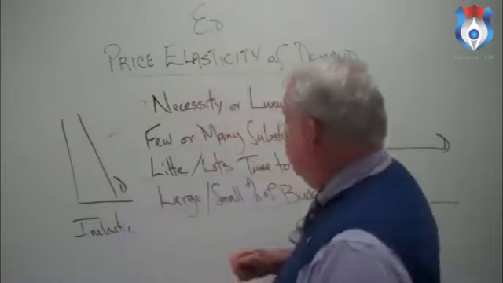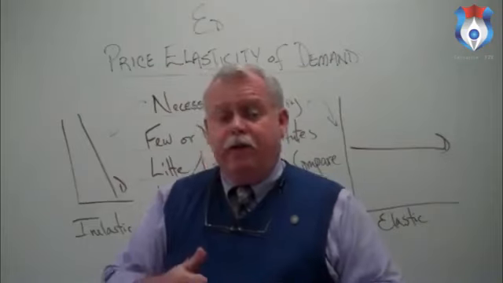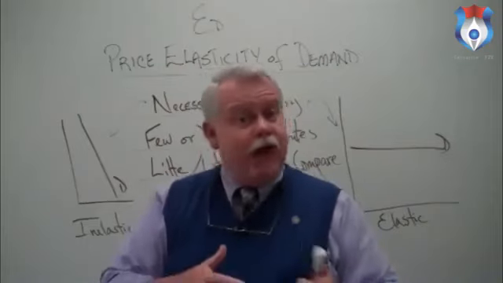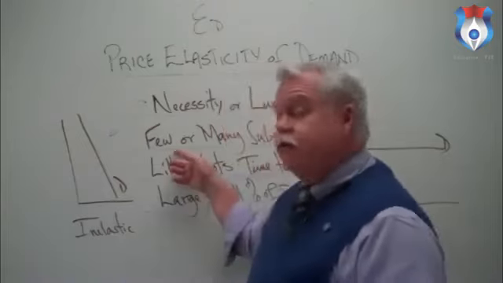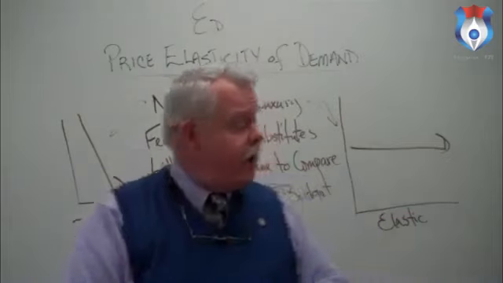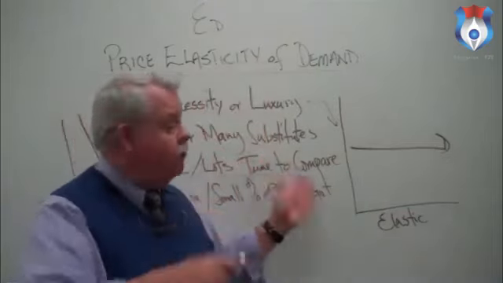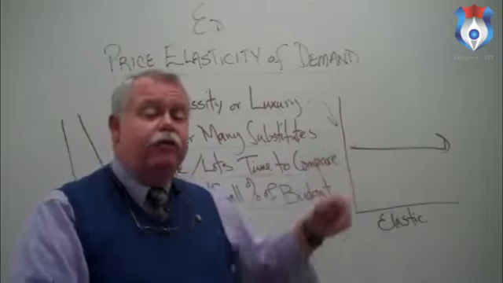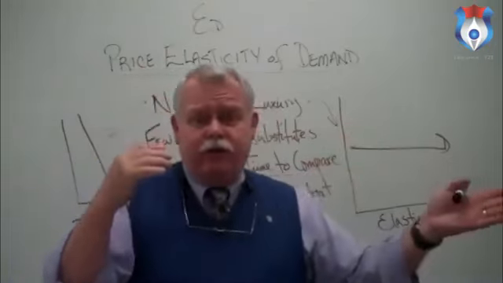What else? If there are very few substitutes for the product, how many substitutes do you know for insulin or for gasoline when you're out of gas? If there are very few substitutes for the product, the demand tends to be very inelastic. On the other hand, if there are a lot of substitutes, then the price of that product goes up, we buy something else, easily substitutable. Okay? If the price of Colgate toothpaste goes up, we buy Crest or whatever.